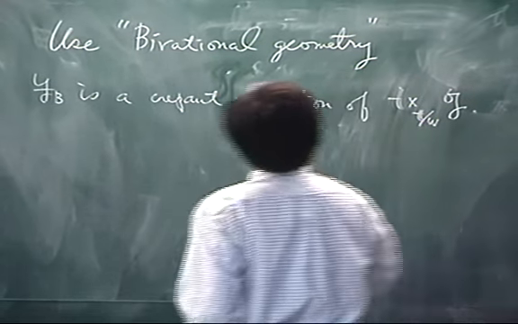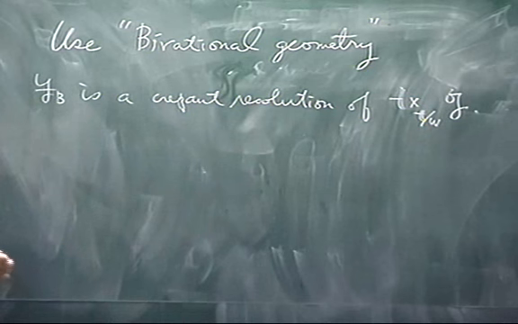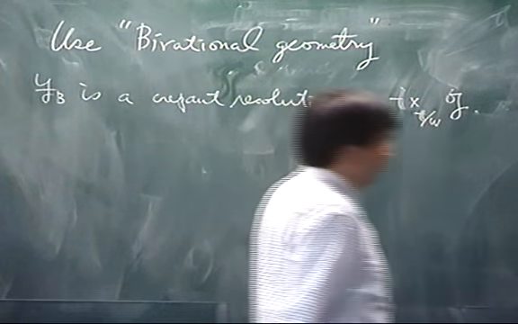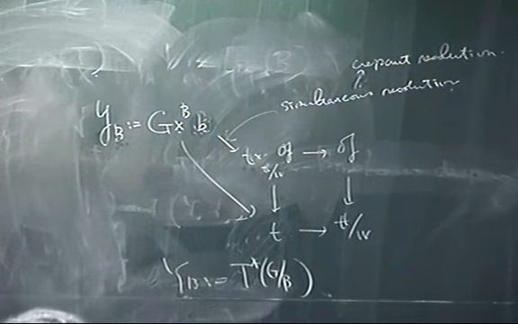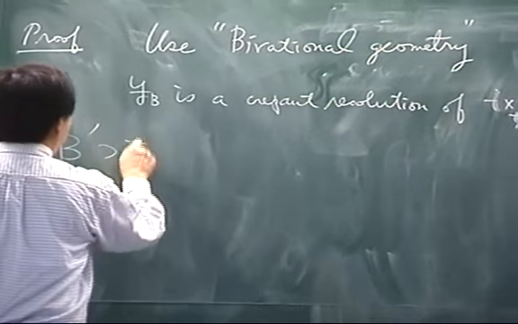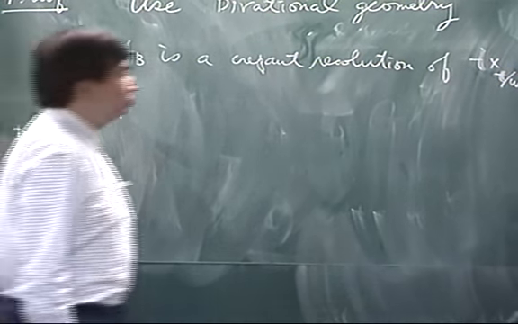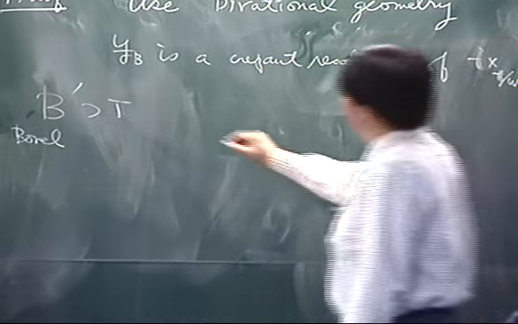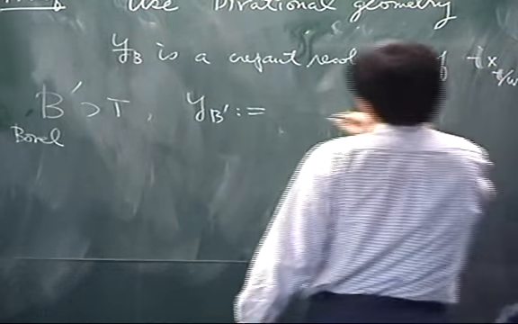Okay. But here please consider the following question. How many different crepant resolutions do we have? This variety depends on the choice of B, as I said. So if you take another Borel subgroup containing T, for any Borel subgroup containing T, you can take YB prime, just as this.